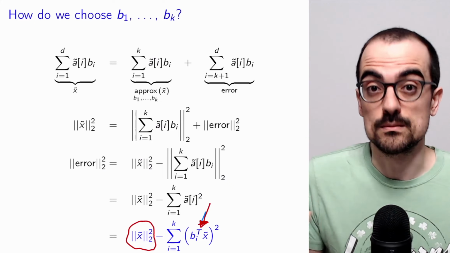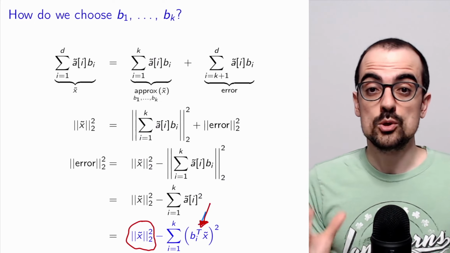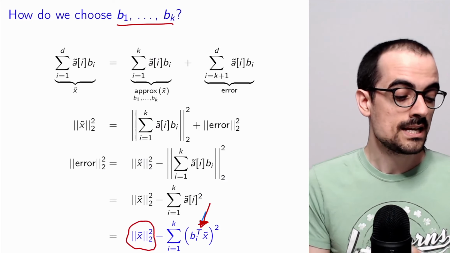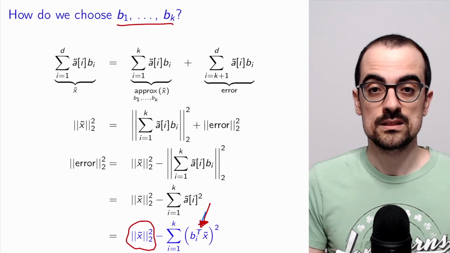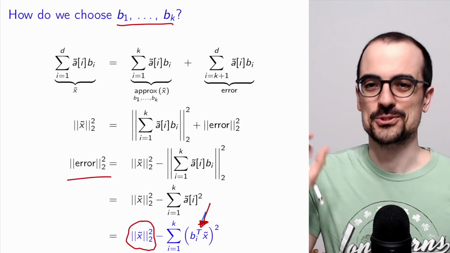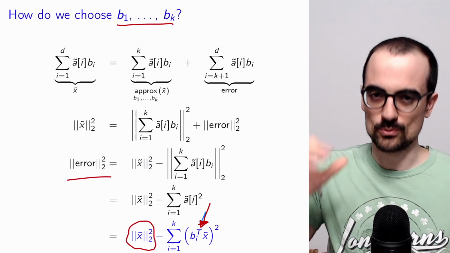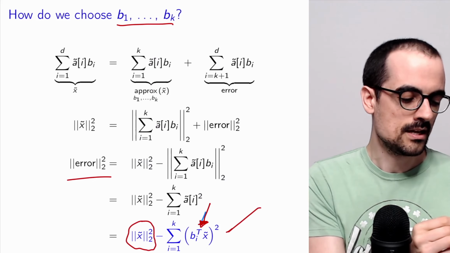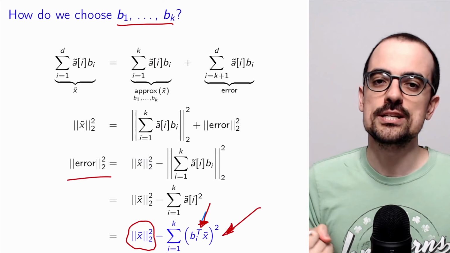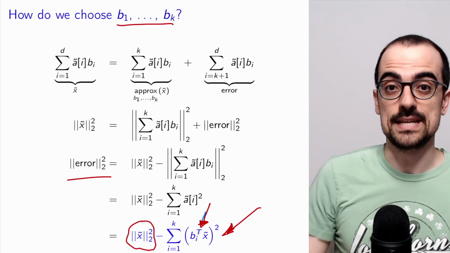So a reasonable choice is to try to pick those subset of k vectors that maximize this term, because that will minimize the error. I almost got confused there between maximize and minimize, but we want to maximize this term because that's how much information is preserved in our representation of reduced dimensionality in order to minimize the error.